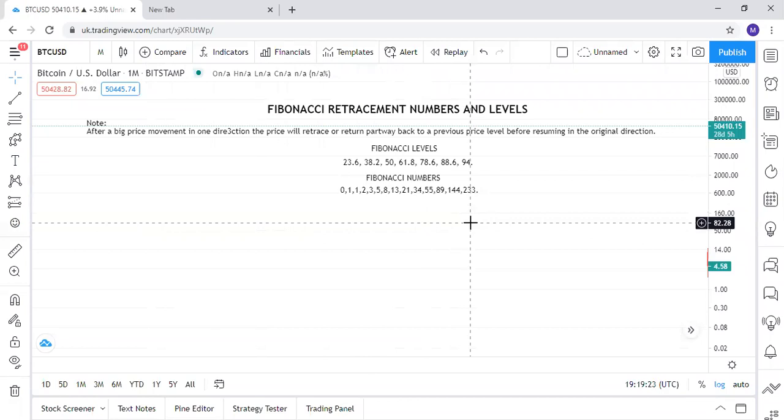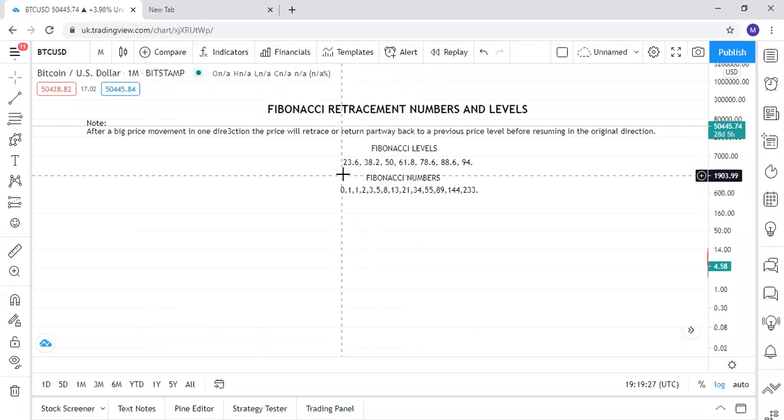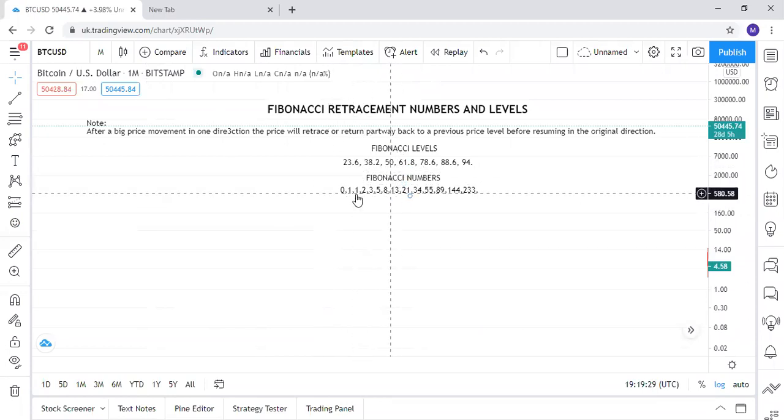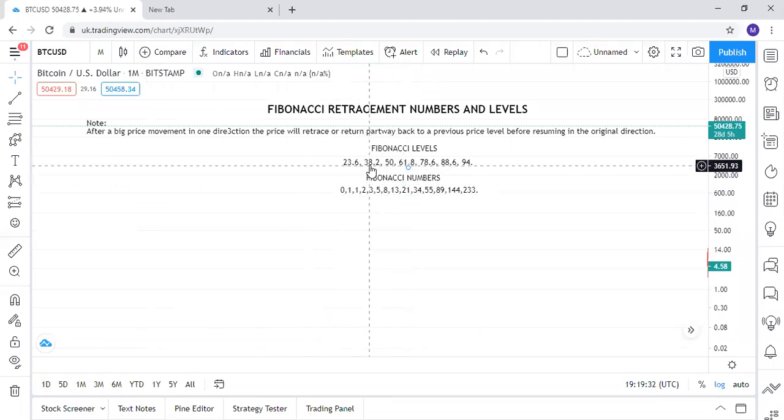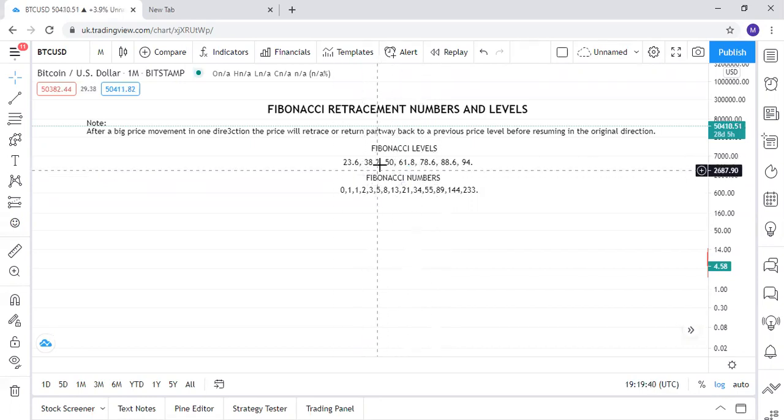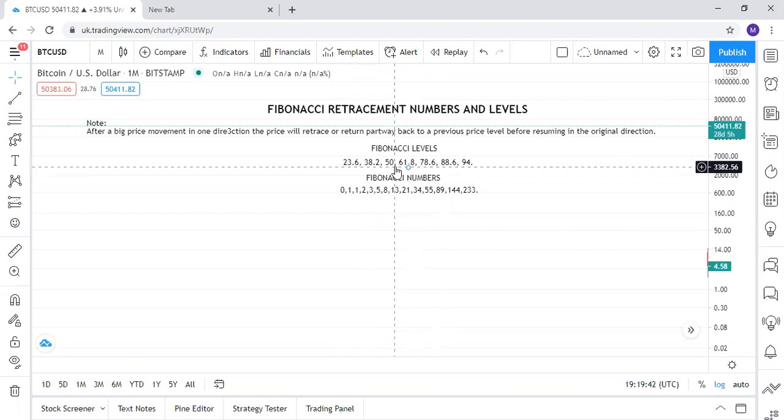And in forex, the important ones are 38.2, 50, and 61.8. Don't forget that 38.2, 50, and 61.8 are the most important Fib levels, because the market always or almost always obeys 38.2, 50, and 61.8.